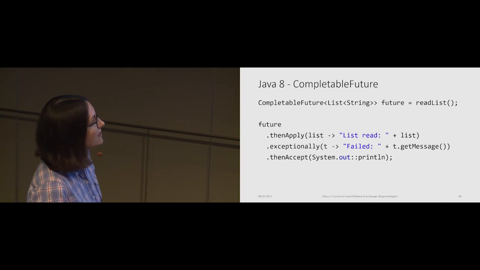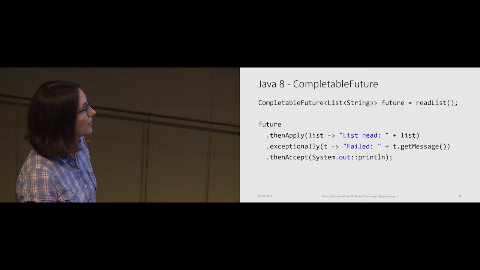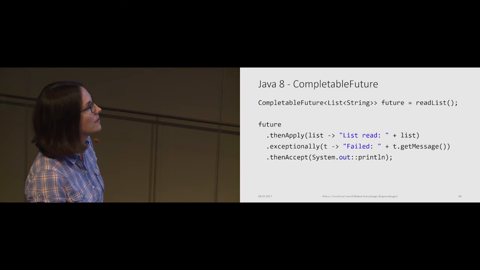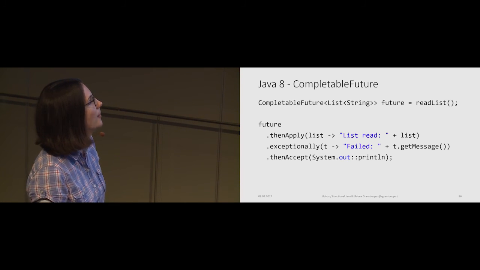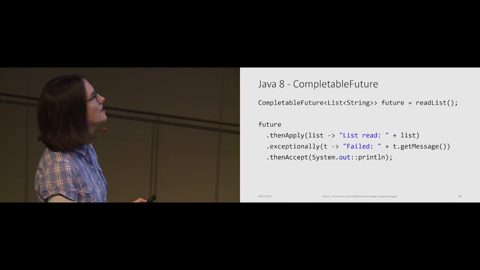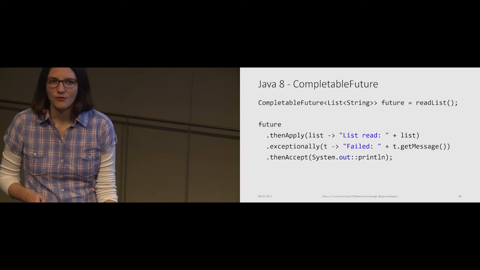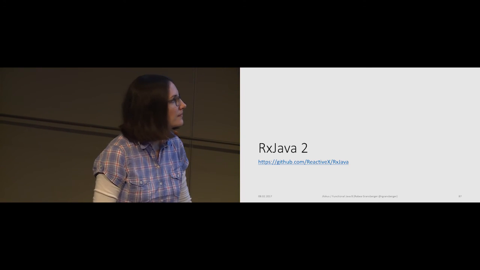In case of an exception, it will print out failed with the message of the exception. In case it succeeds, it will print out this string, list read, and the list elements, because that's what we say here. thenApply transforms the result to something else, and just in case of an error, this one is executed. So for me, the naming is kind of confusing and hard to read.